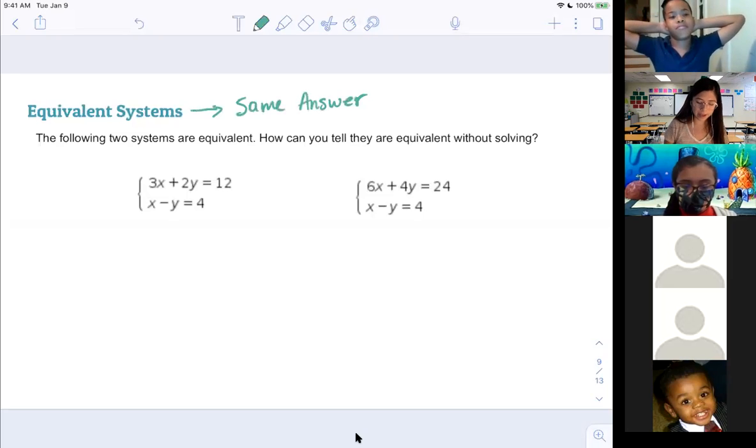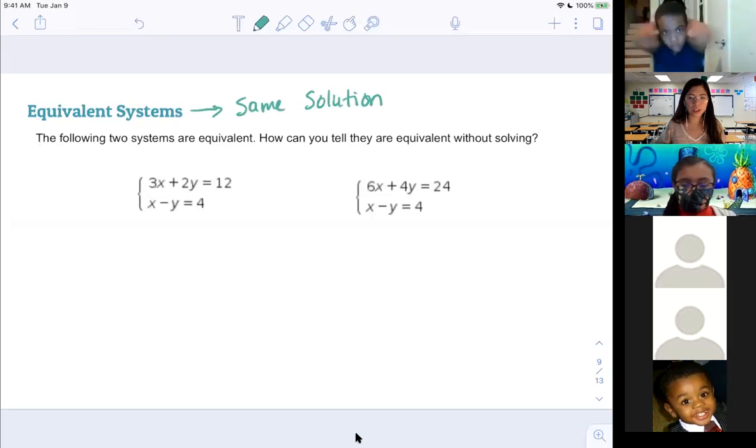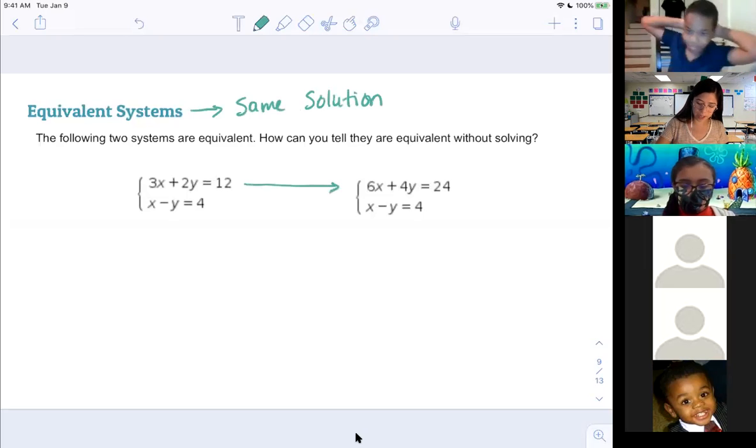Remember, equivalent systems have the same answer, or in other words, the same solution. That means that one of the equations was multiplied by the same factor all the way across, like Daniel was saying, this top equation was multiplied all the way across times 2.